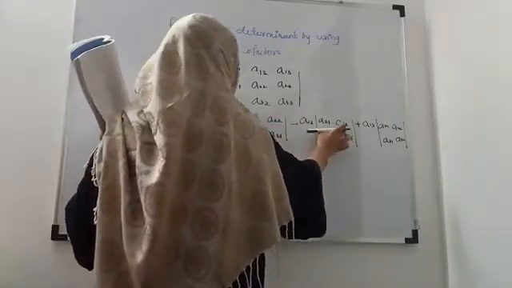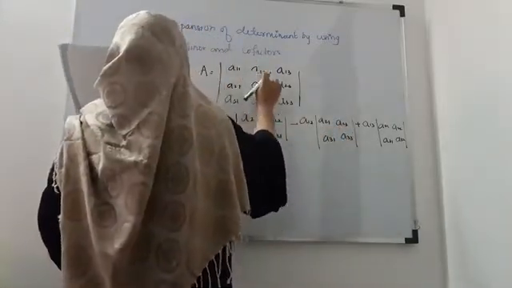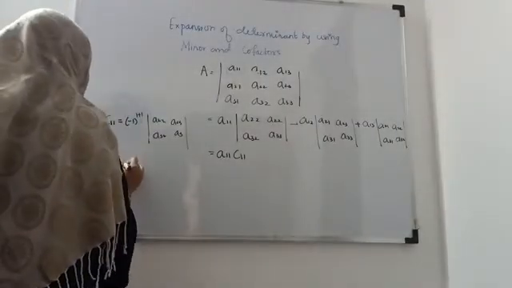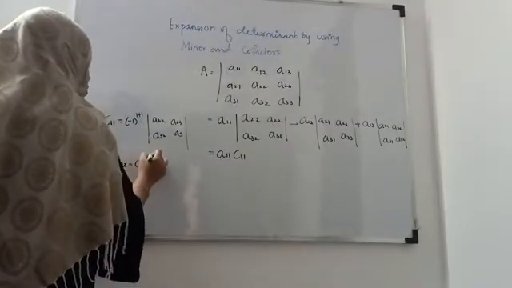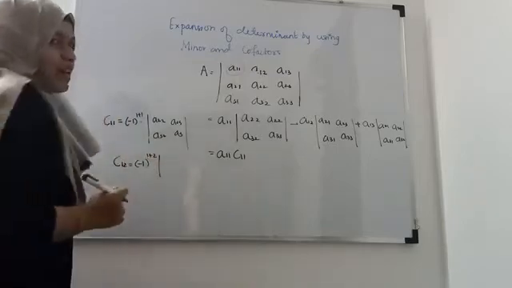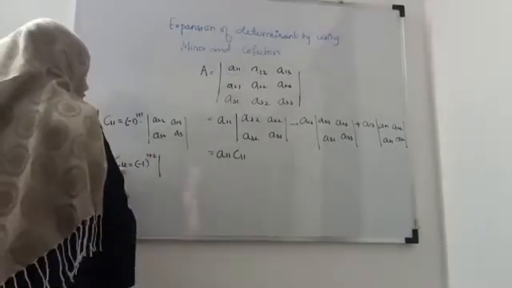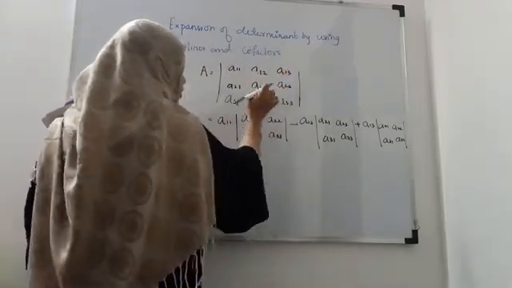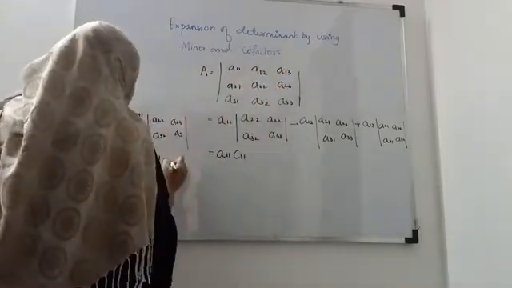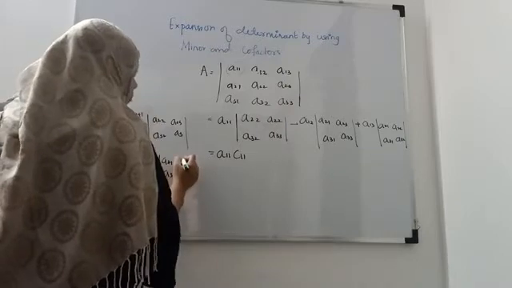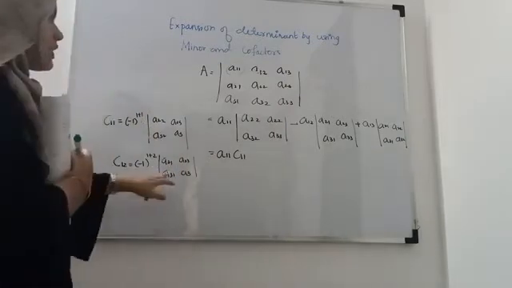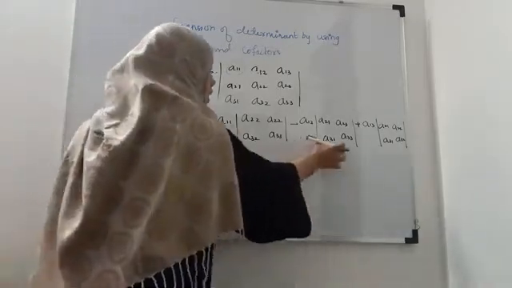Now clearly the second one. If you find out the cofactor of A12, that is C12, right? So what is C12? It is minus 1 raised to 1 plus 2 times the minor of A12. Minor of A12, that is what? First row and second column will go away and you will be left with the same here.